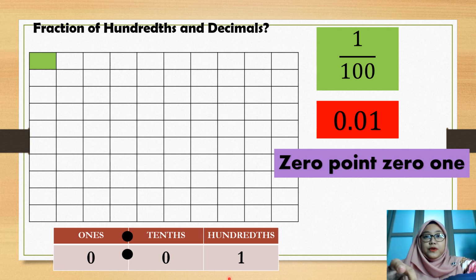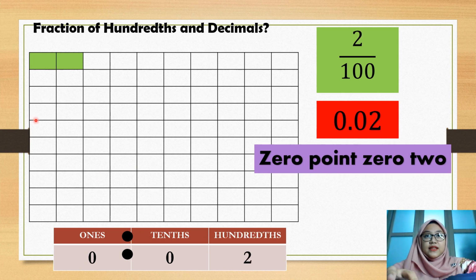We put it into the decimal places. There are 2 decimal places, which are tenths and hundredths. So 0.01. 1 is in the hundredths place because we have 2 decimal places.